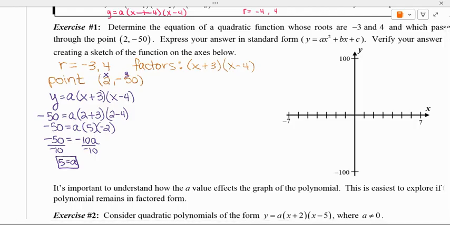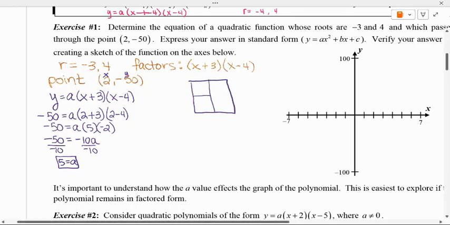I want to figure out what my equation is going to be in standard form, and I know that I have two factors. So we can either FOIL or we can use the box method. How many of you guys like to FOIL? Yeah, if you like to FOIL, FOIL. If you like drawing the box, draw the box.